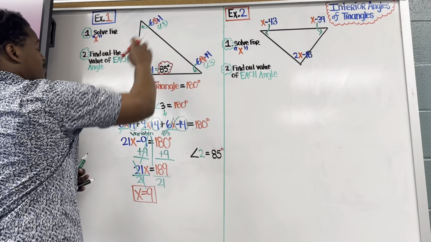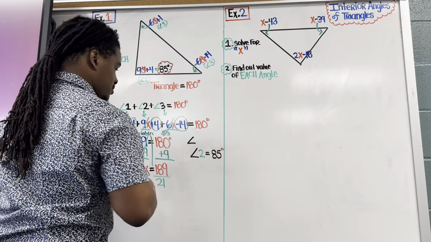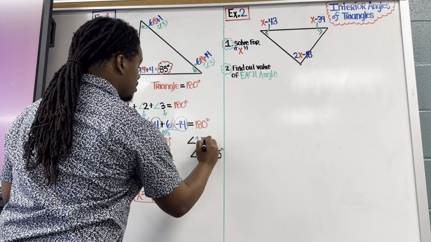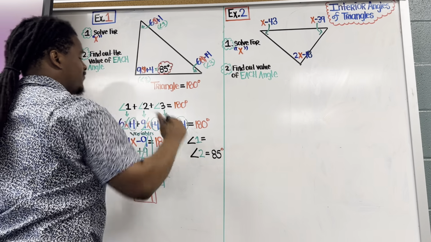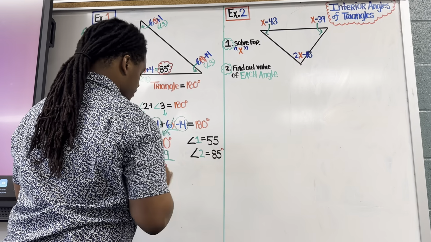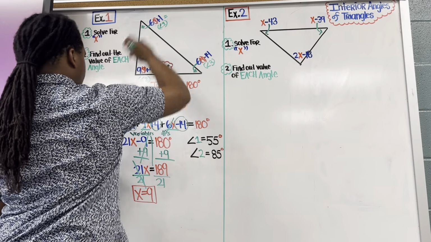All right, let's do angle 1 up there. 6 times 9 is 54. 54 plus 1 is 55. So angle 1 is 55 degrees.